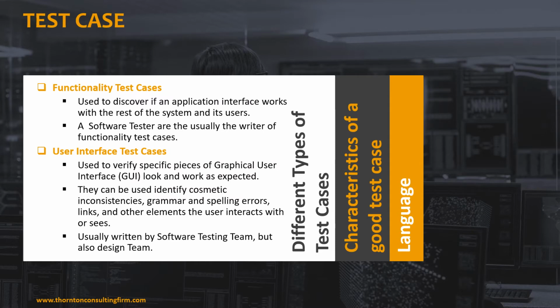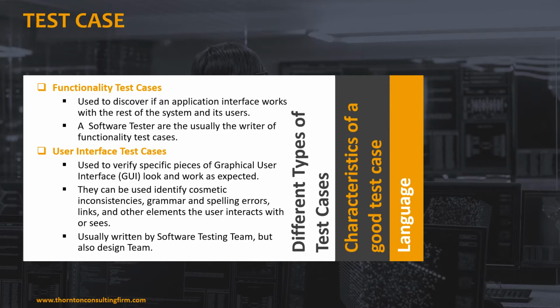Then you have the user interface test case. These test cases are used to verify a specific piece of the graphical user interface, that is the GUI, and how it looks and how it should perform.